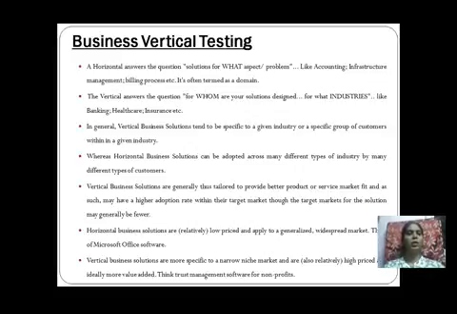Vertical business solutions work for whom we are providing that particular application or program, which means they focus on which types of industries are going to use that application. But horizontal business solutions are about what we are developing, which type of application we want to develop.